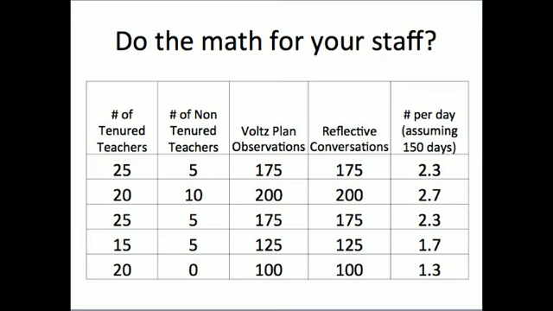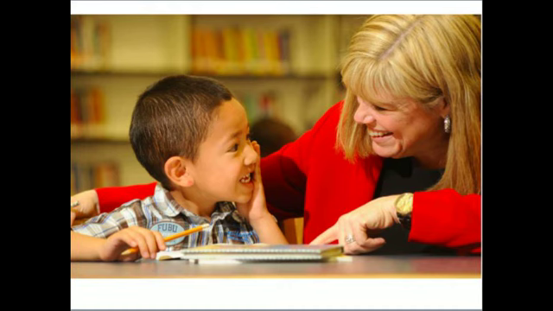They also would include 175 reflective conversations. So assuming you can do teacher observation and reflective conferences on 150 of the 176 attendance days, that would amount to 2.3 observations per day. And remember, 80% of those observations are 10 to 15 minutes.